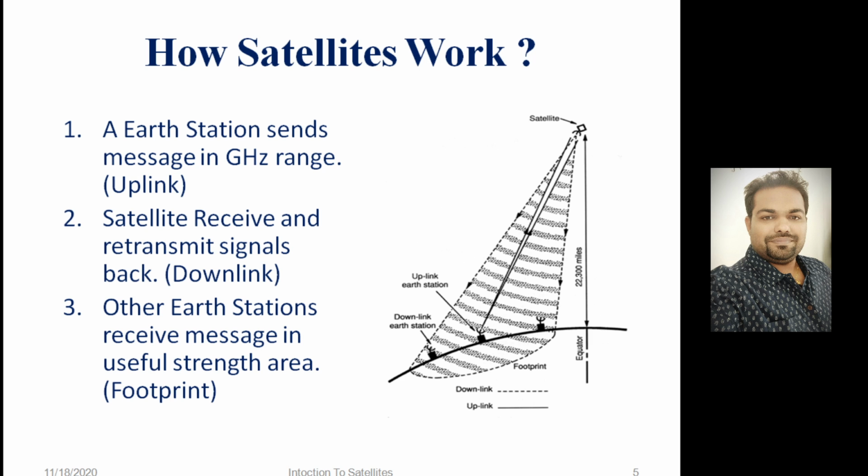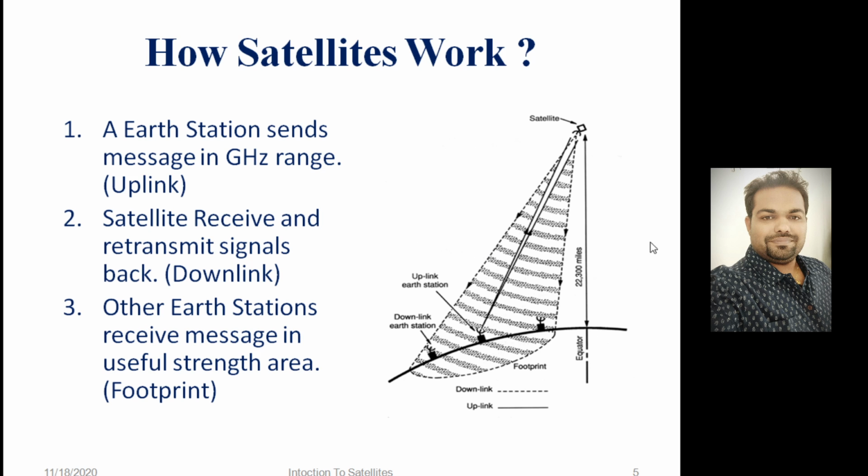The earth station sends a message in the gigahertz range to the satellite, which is called uplink, and then the satellite receives and retransmits signals back, which is called downlink. The retransmitted signals coming down towards the earth are known as downlink, and those will be received by the other stations, known as downlink earth stations. This complete process of the downlink and receiving end is known as the footprint.